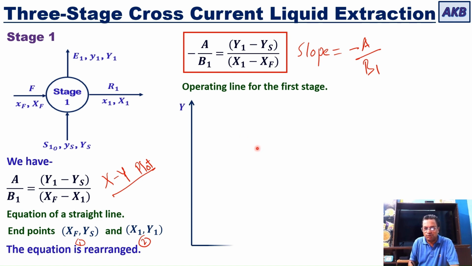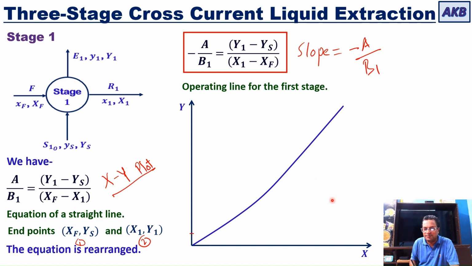So let us show the operating line. You have the graph, capital Y you are plotting on y-axis and capital X you are plotting on x-axis. We will be getting the equilibrium curve. Then one end of the operating line, XF, Ys. XF is known to us, Ys is known to us. That is, point 1 can be fixed.